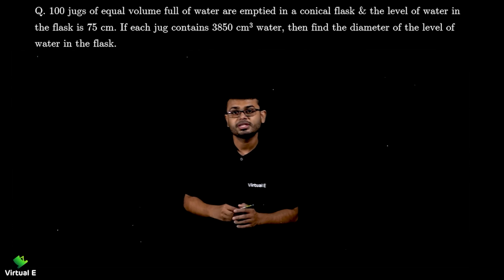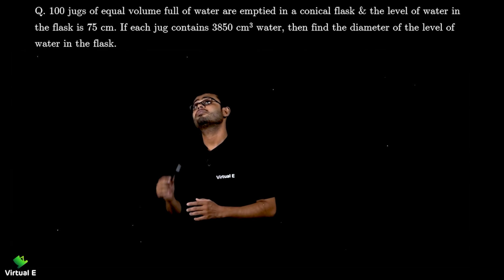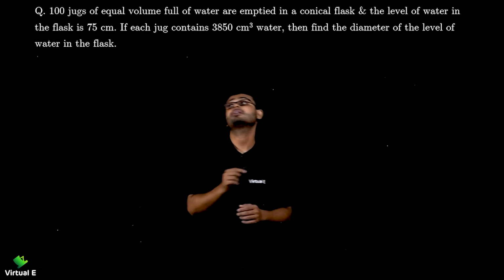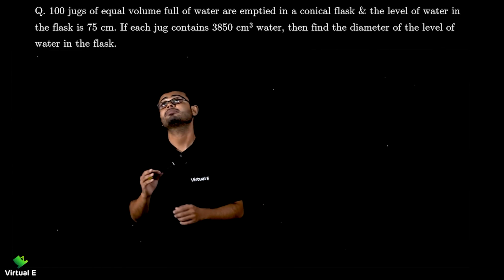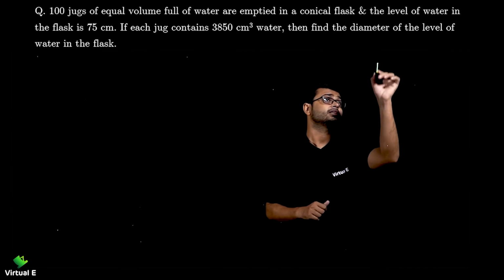Let's do one more question related to volume conversion. Let's start. 100 jugs of equal volume full of water are emptied in a conical flask, and the level of water is 75 centimeter.